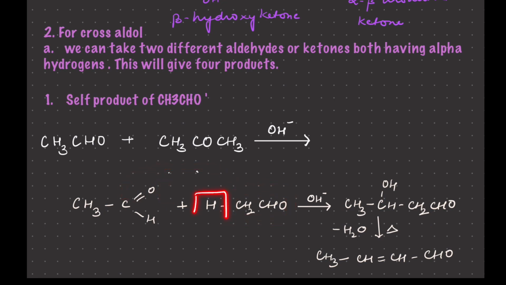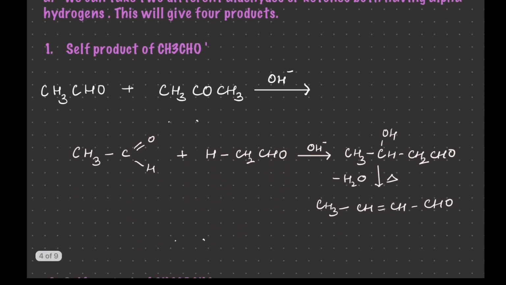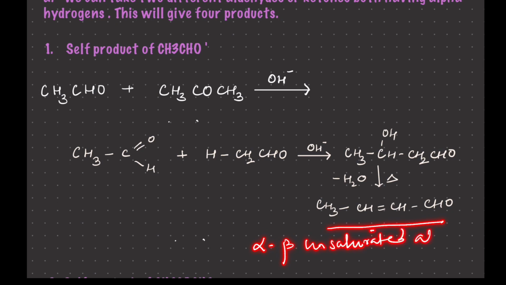Once again, this alpha hydrogen is attached to the carbonyl oxygen, and whatever is the left part gets attached to the carbon. So we get beta hydroxy aldehyde, and for condensation we will eliminate water to give us again the alpha beta unsaturated aldehyde, because we are writing the self product of aldehyde.